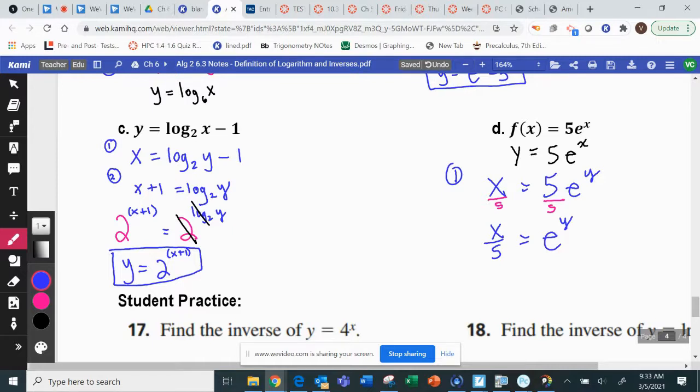Sierra, this is exponential. So what do I have to do to both sides? I have to do a log. But what should my base be for this log? Do I write log base e? What do I write instead? ln is correct. So I'm going to do ln for both sides.